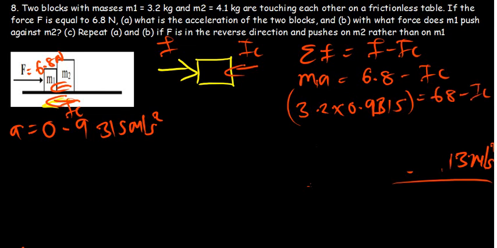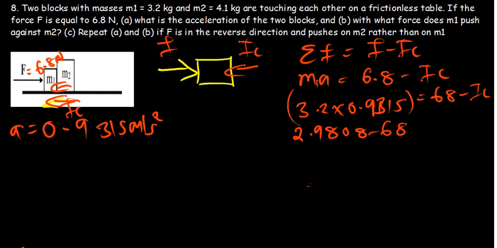So we are going to shift that to the other side. If you get your calculator and say 3.2 times 0.9315, I'm getting 2.9808, minus 6.8. I've shifted that to the other side, negative Fc.